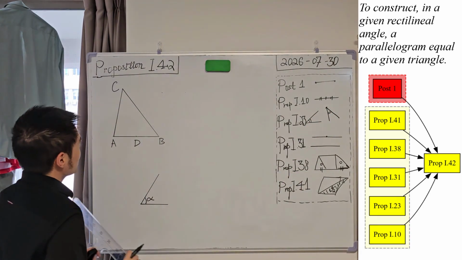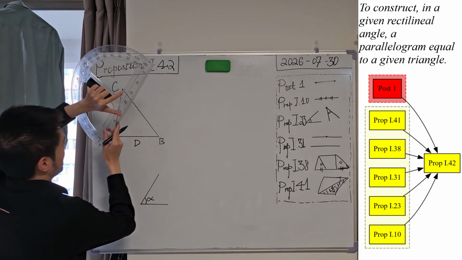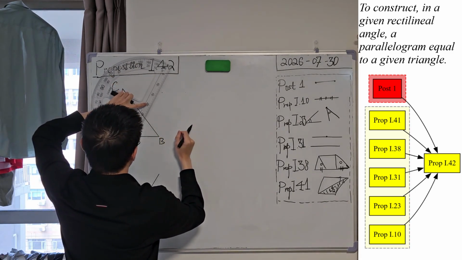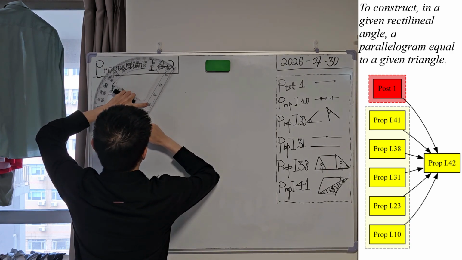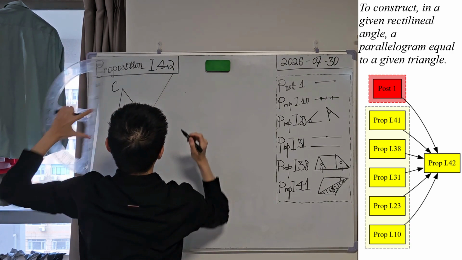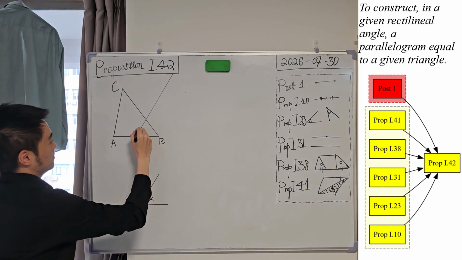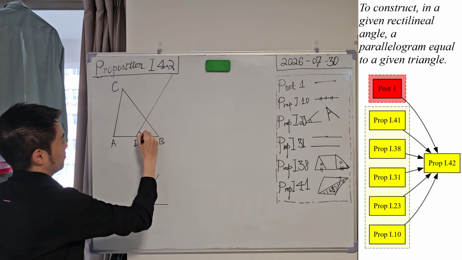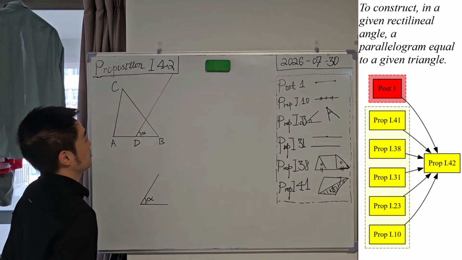So let's assume this is a given rectilineal angle, and let us construct this angle which is equal to alpha. So this is also alpha, because of proposition 23.